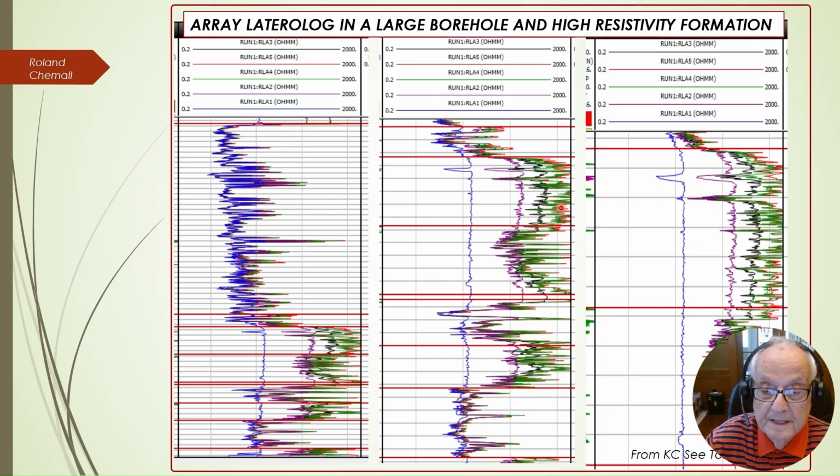And that is very powerful because RT here, you will know, is probably higher than 2000 ohms, which is with an invasion. That means you probably have good permeability and probably a good reservoir. So that is the array lateral log.